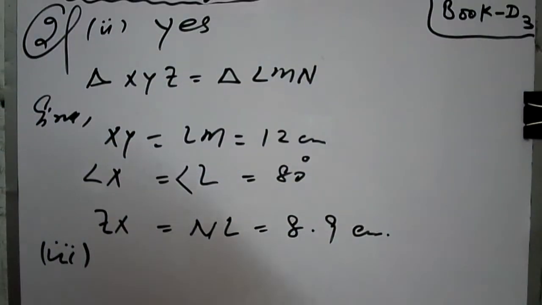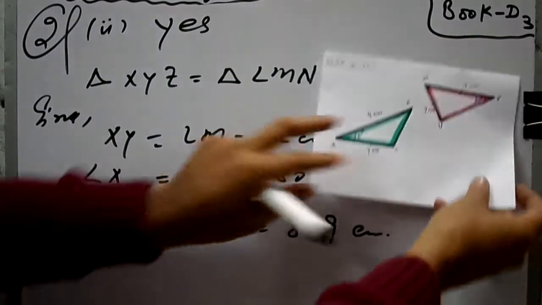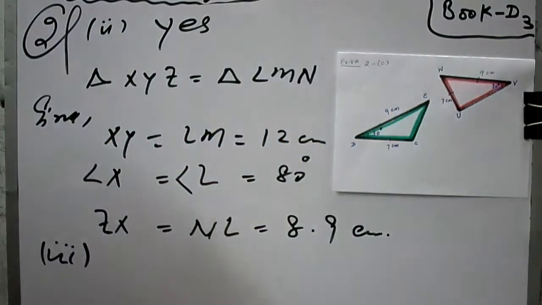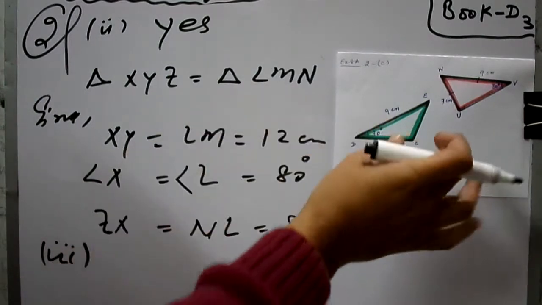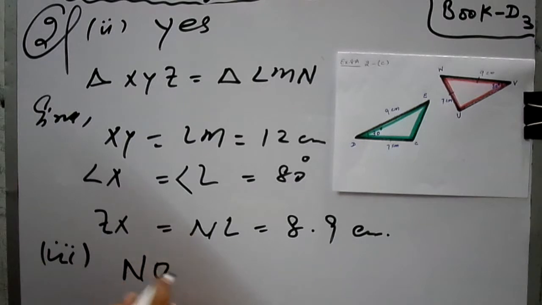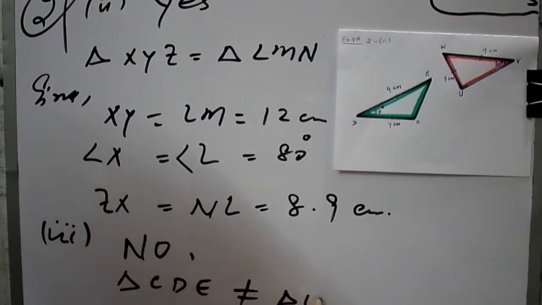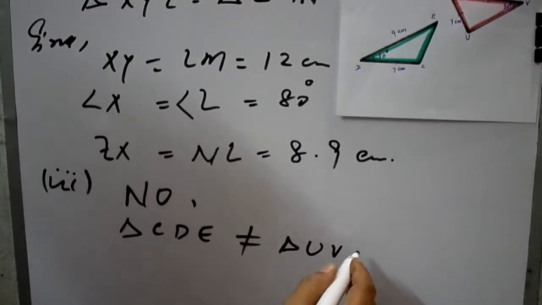Similarly, in the third part, that is case C, we can say that no, these two triangles are not congruent to each other, because triangle CDE is not equal to triangle UVW.